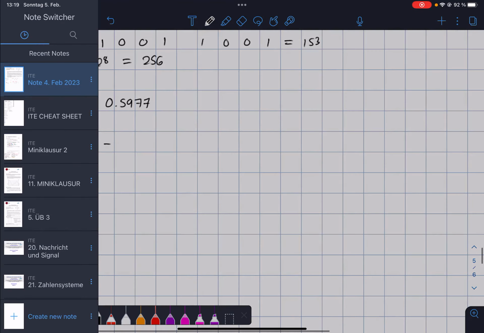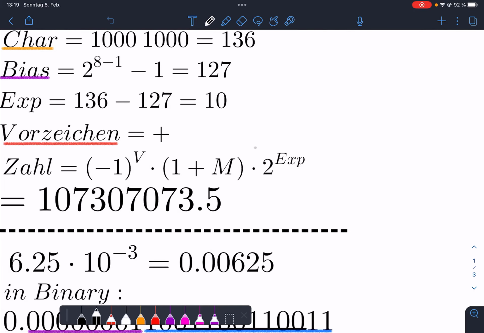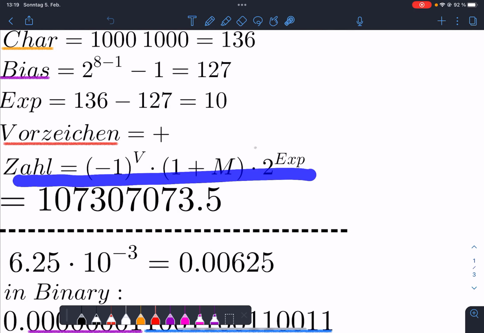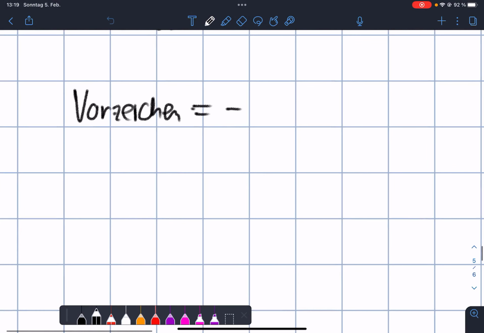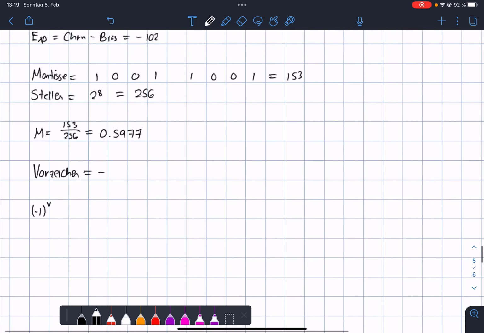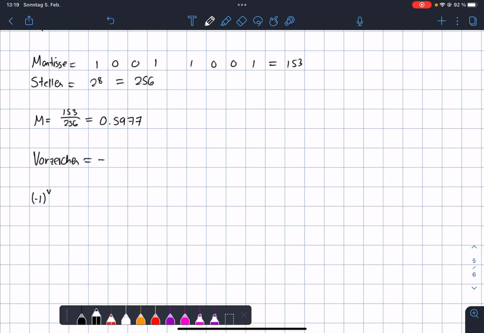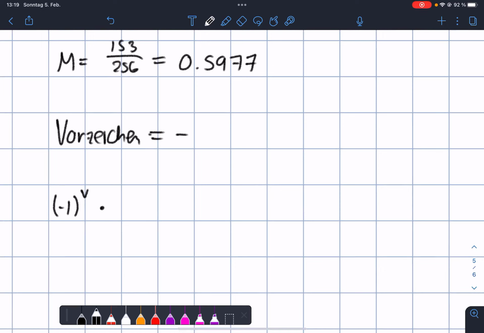If we look at our cheat sheet, this is the actual formula we need to find the number. So we can go here and let's write it down. -1 to the V, which in this case is the Vorzeichen. Then we do times 1 plus the big M times 2 to the exponent.